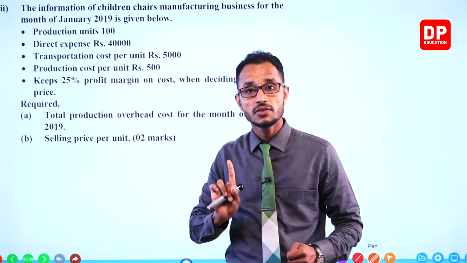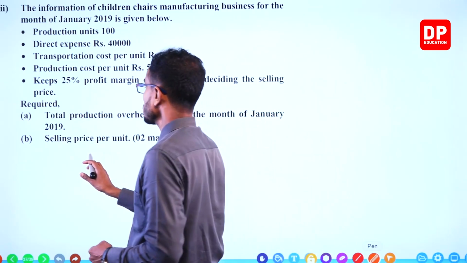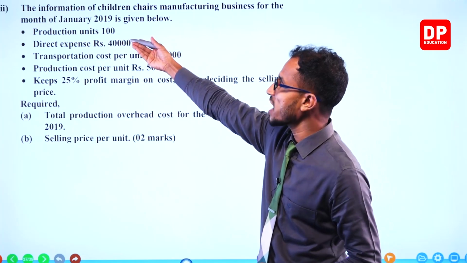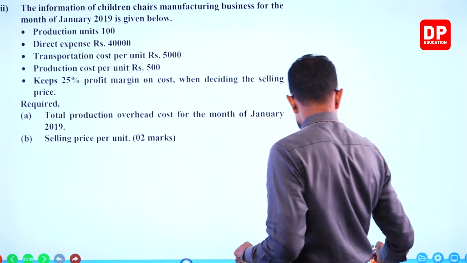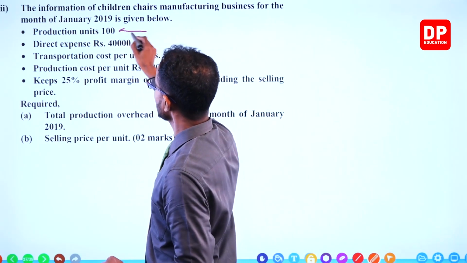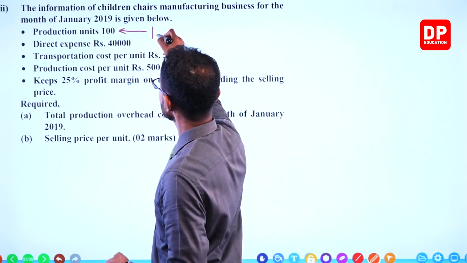So let's take the total production cost for all 100 chairs, because this is the number of chairs produced.